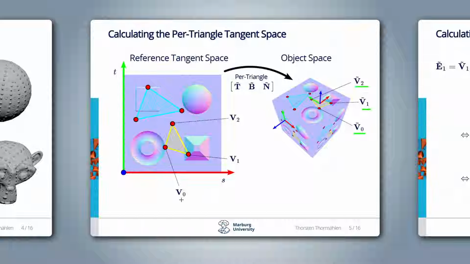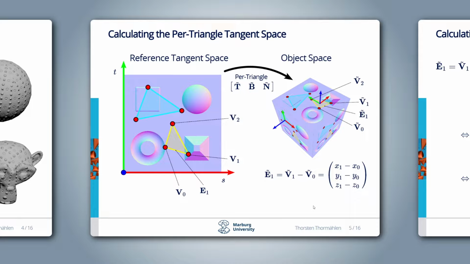The texture coordinates for a triangle are v0, v1 and v2. Let's consider the edge E1 in tangent space between v0 and v1, which is given as v1 minus v0. And then the edge E1 tilde in 3D object space between v0 tilde and v1 tilde, which is given as v1 tilde minus v0 tilde.